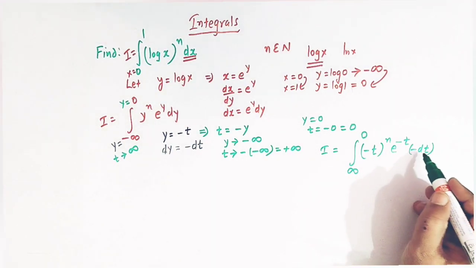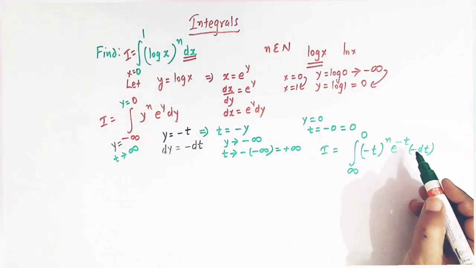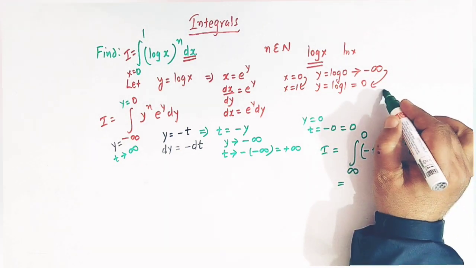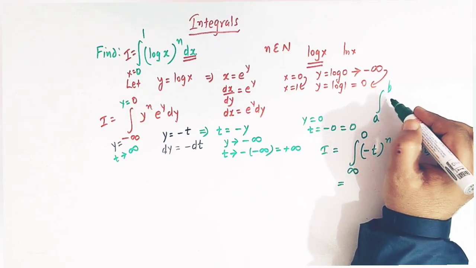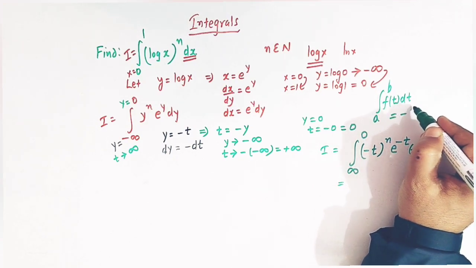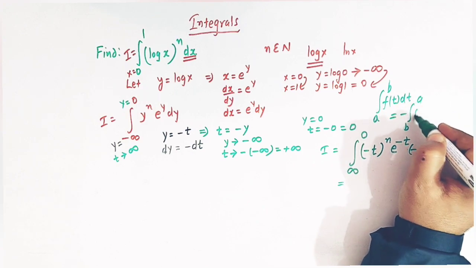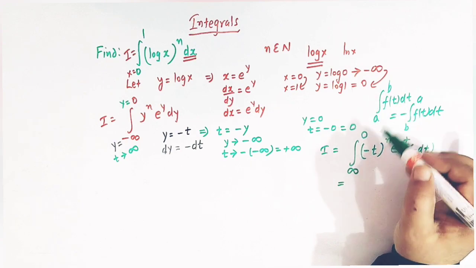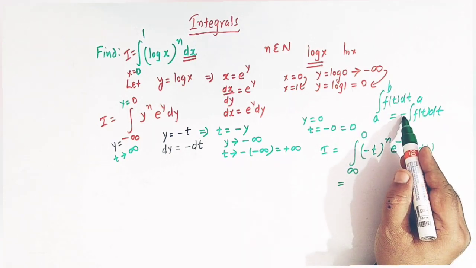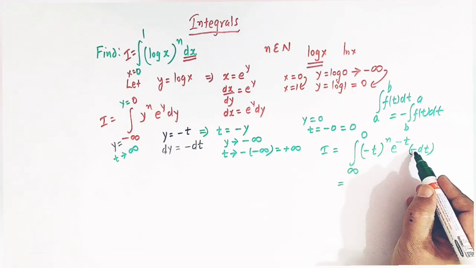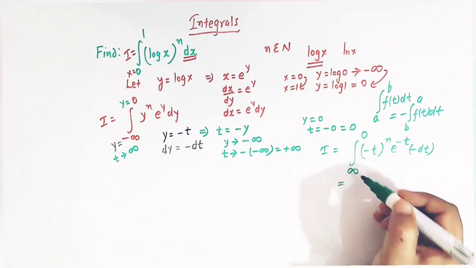So now to neutralize this negative sign, let us interchange the limits, because we know that the integral from a to b of f(t) dt is equal to negative of the integral from b to a of f(t) dt. So when we interchange the limits, then we put a negative sign before the integral sign. So we can neutralize this negative sign by interchanging the limits.